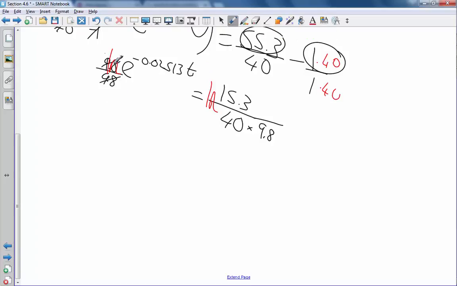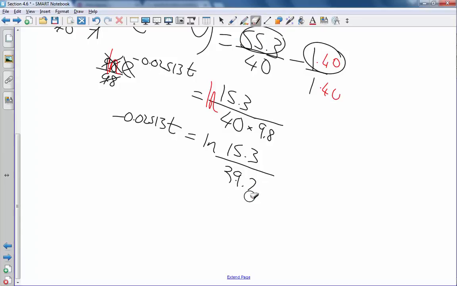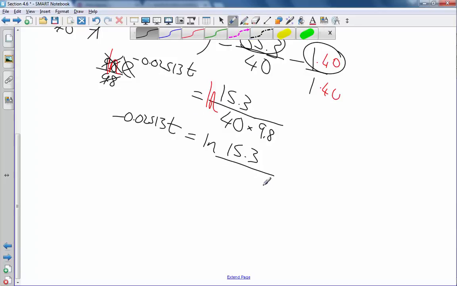Alright, we have ln and e cancelled. I may have missed a digit here, please double check. By the way, 4 times 98 is 392, or 39.2. You can do basic calculations, as long as you're not rounding, you can multiply and divide things.